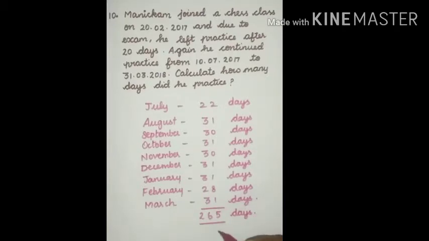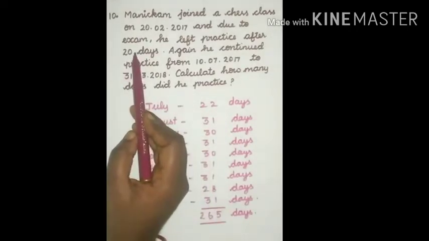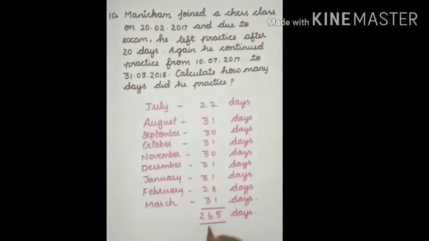So totally 265 days he practiced. And then it's already given that at starting he practiced 20 days. So add 20 also. 265 plus 20 equals 285 days.